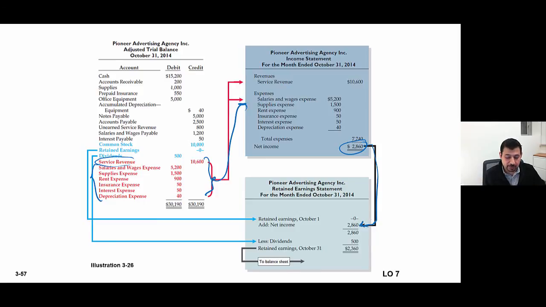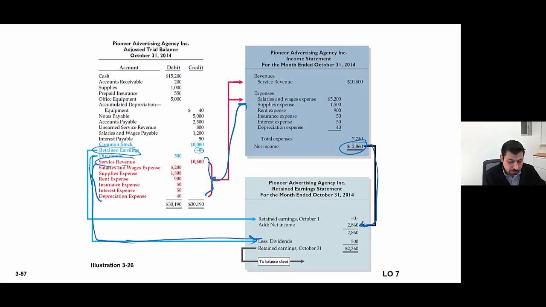And from the adjusted trial balance, we get information for the dividends here. Using those two, in this case we have the retained earnings. Because the company is supposed to be a new company, the retained earnings balance was 0.